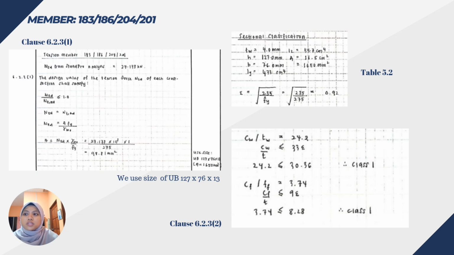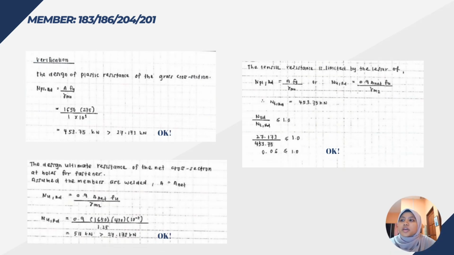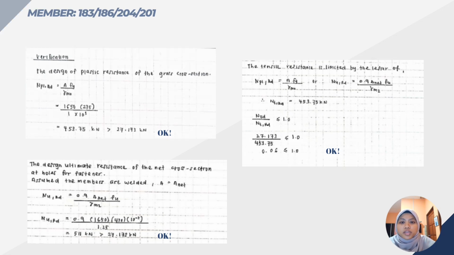Then we do the sectional classification, and both flange and web we got class 1. Next, for the verification, both NPLRD and NURD are okay. So we choose the lesser one, which is NPLRD, to become NTRD. NED divided by NTRD, we got 0.06, which is less than 1, so it is okay.